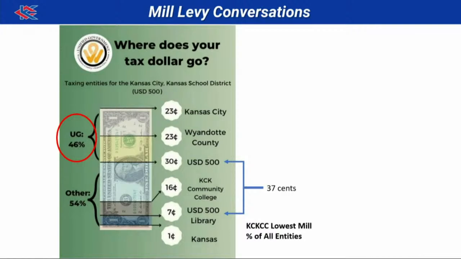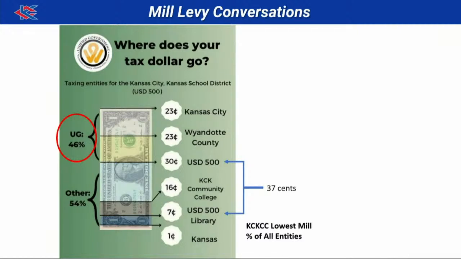USD 500 is also combined with the USD 500 library. So the district by itself has 30 cents, and then the library has 7 cents, for a combined total of 37 cents per dollar.